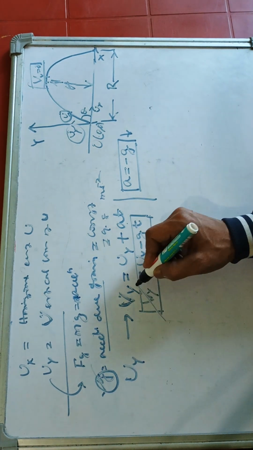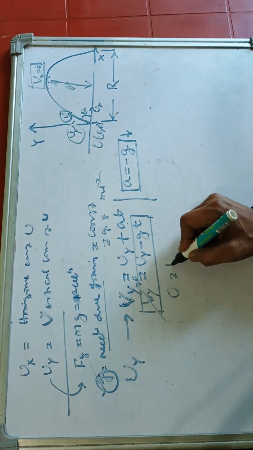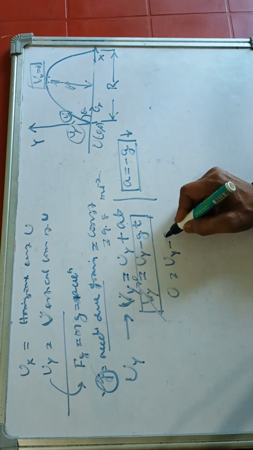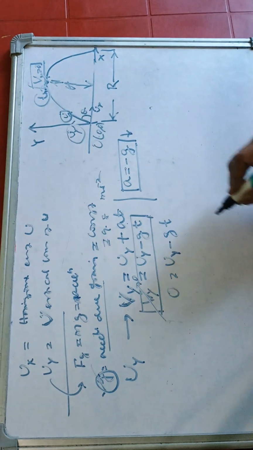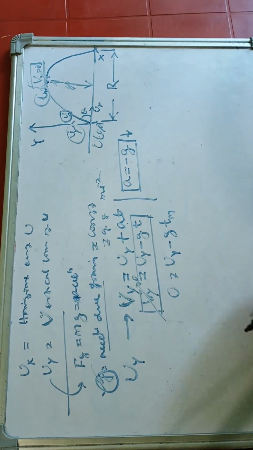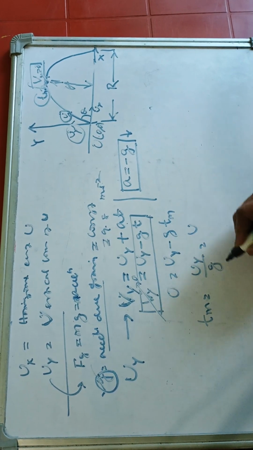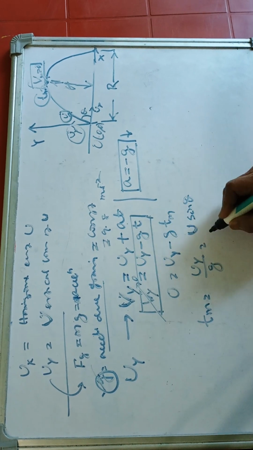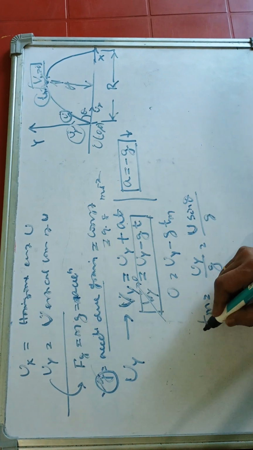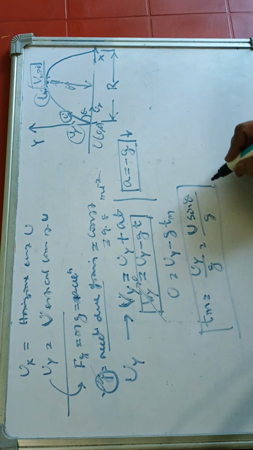At this point Vy will be 0, or 0 is equal to uy minus g t, where t is the time it will take to reach this maximum height, or tm. Now tm becomes uy by g. Uy is nothing but the initial velocity times sine theta, so tm is u sine theta by g, the time it will take to reach its highest position from the ground.